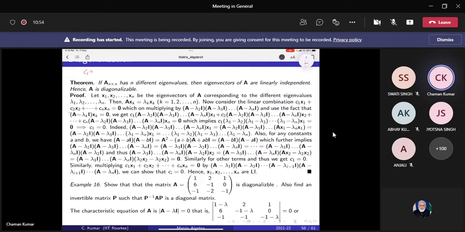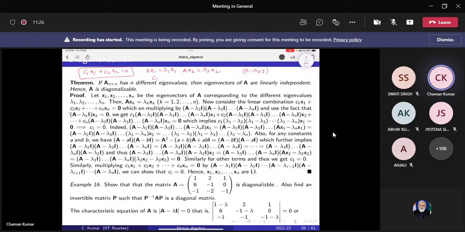So you have C1 x1, C2 x2. You have two vectors, that means two eigenvalues. This will hold. Now you take the linear combination and then multiply this equation by A minus lambda 2 I. So what will be the first term?